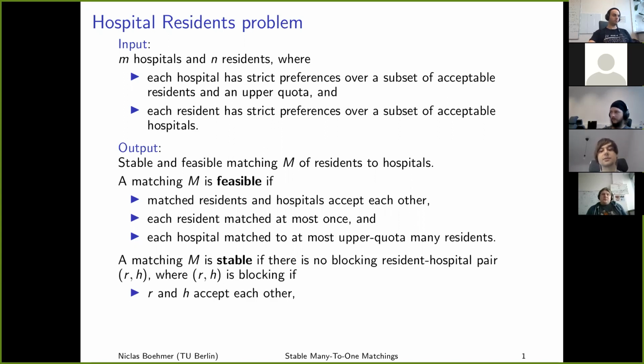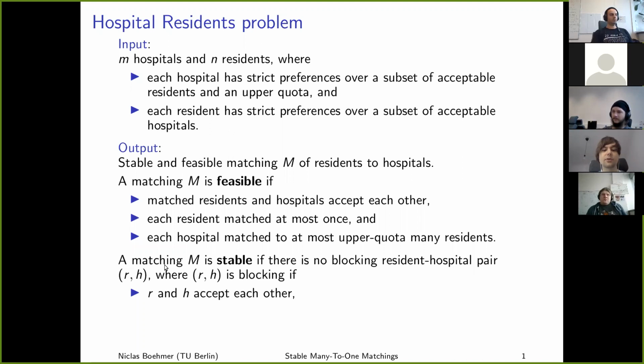A blocking pair consists of a resident and a hospital, and the intuition is that a pair is blocking if both the resident and the hospital prefer being matched to each other to the current situation, where what the current situation is depends a little bit on whether you are a resident or a hospital.